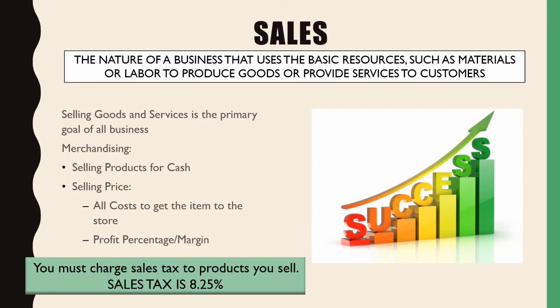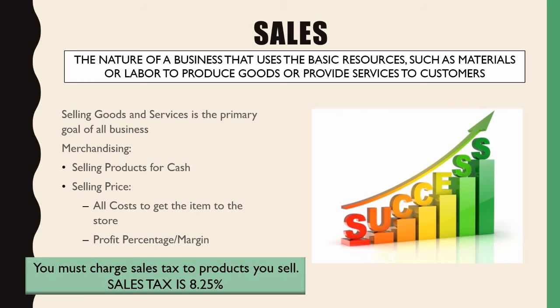Since we already took a look at how much it's going to cost us by using the periodic inventory, it's going to cost us the purchase price plus the freight. That's going to be our cost of goods sold. So when we determine our selling price, we have to add some kind of profit percentage, whether it's 50% profit or 100% profit.